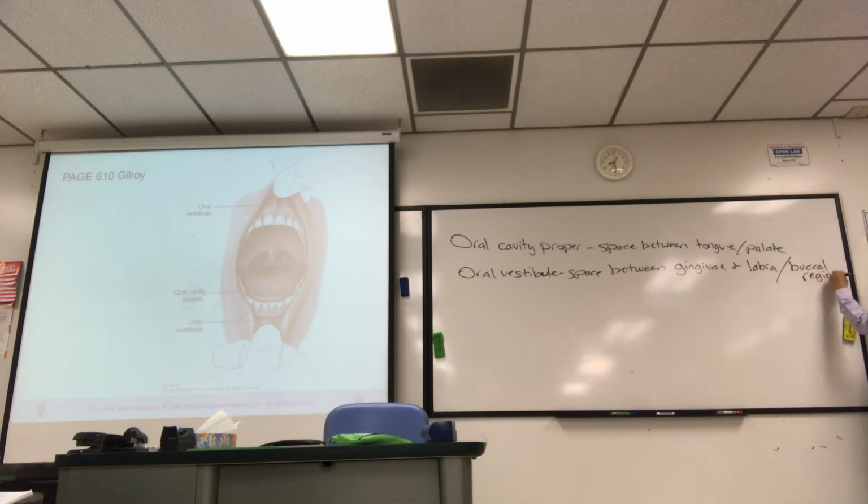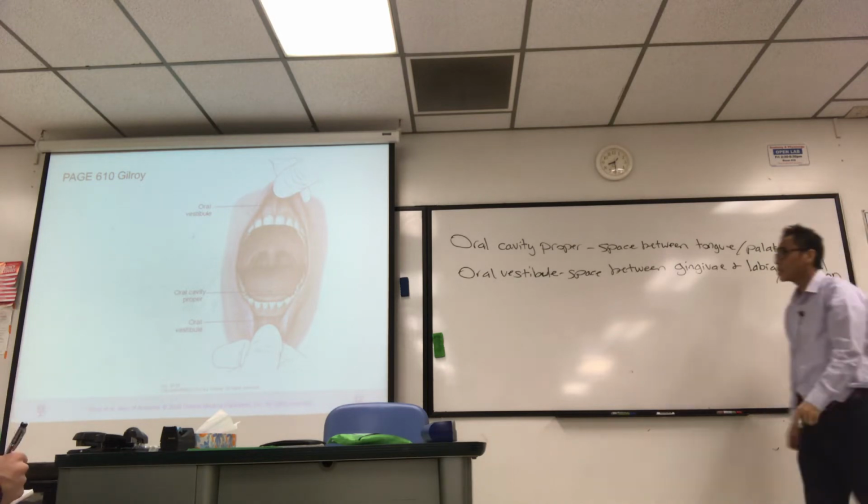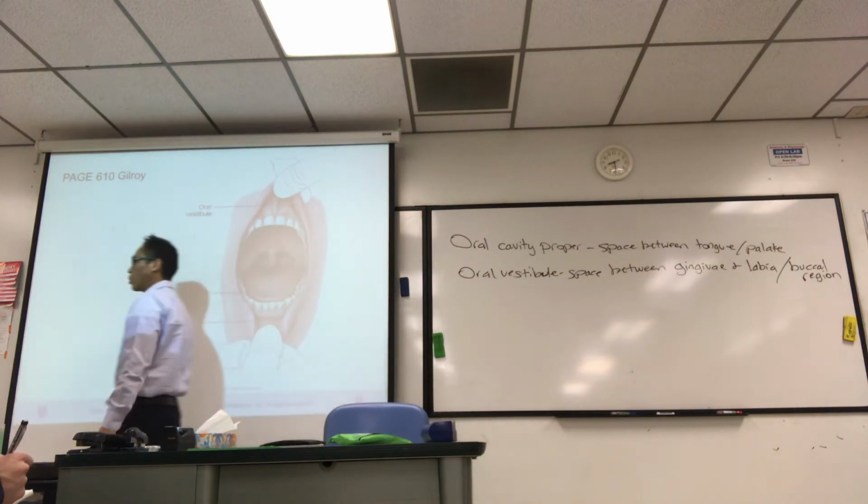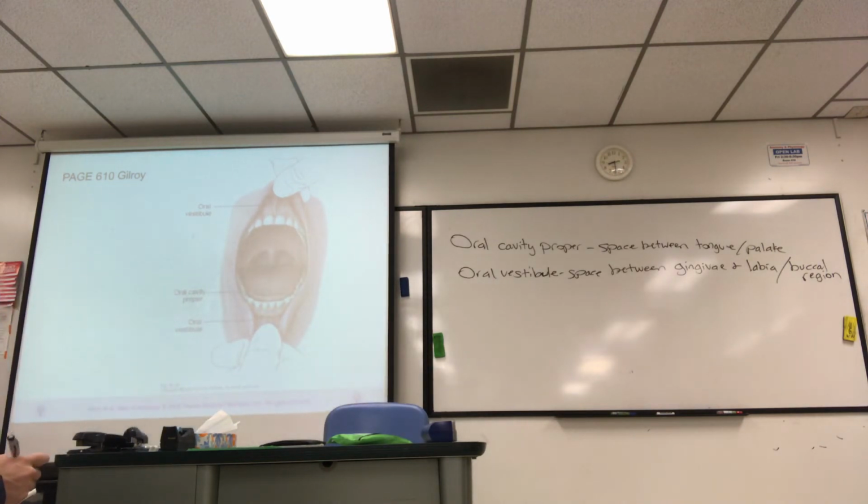So I'll refer to it as a region, the buccal region. Buccal, cheeks. Labrum, lips. That's basically where you put a U-shaped mouthpiece, in the oral vestibule, to protect your teeth.